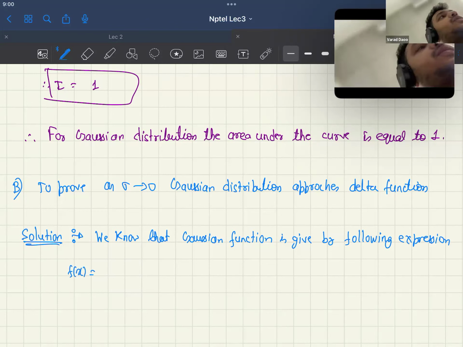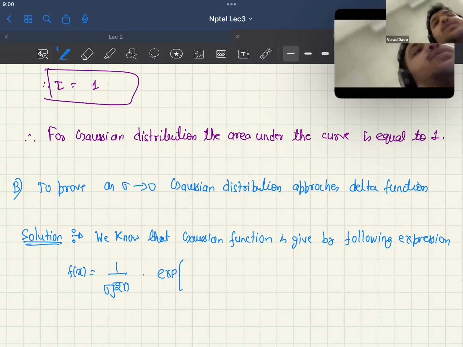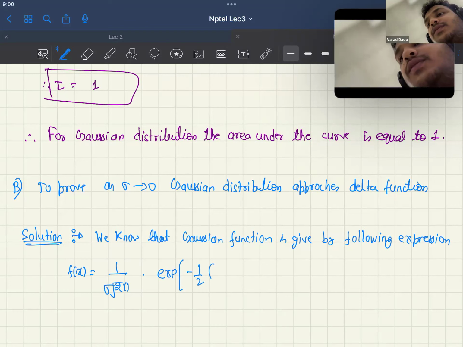F of x is what? 1 by sigma root of 2 pi multiplied by exponential of minus half x minus mu by sigma square.